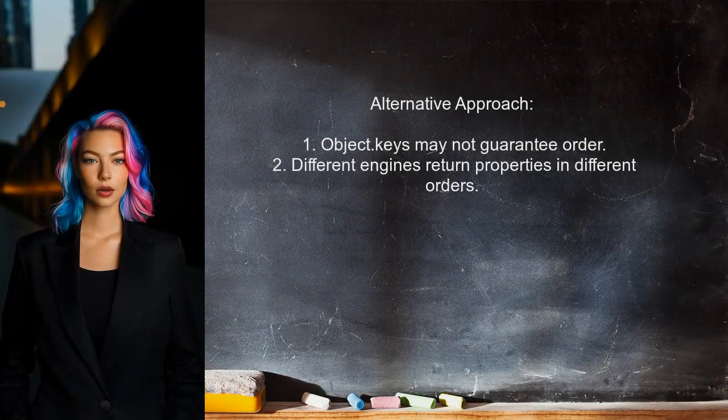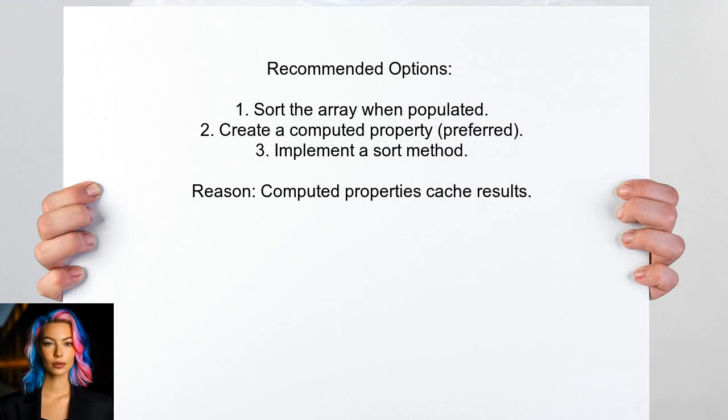An alternative approach to iterating in a specific order is discussed by a user in a Vue.js training course. They suggest that while using Object.keys might seem correct, it can lead to inconsistent results across different JavaScript engines. The user recommends 3 options: sorting the array when populated, creating a computed property, or implementing a sort method.